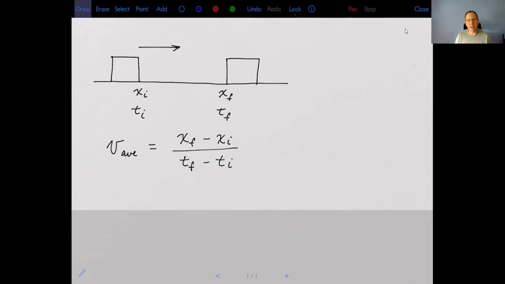So that's the definition of average velocity. And we can write this more efficiently using mathematical notation. Remember, a change in a quantity, final minus initial, can be represented by the delta symbol. So I can write this as delta x over delta t. So the average velocity is the change in position, change in x, over the change in time.